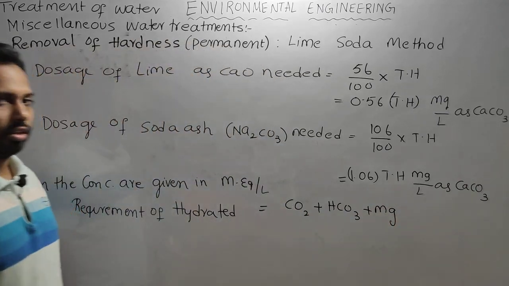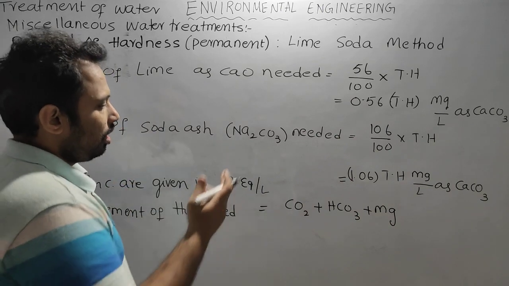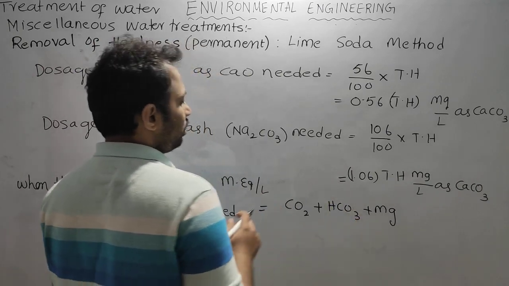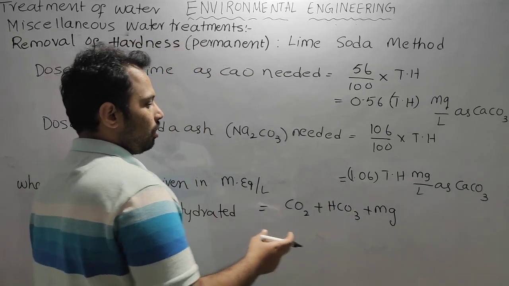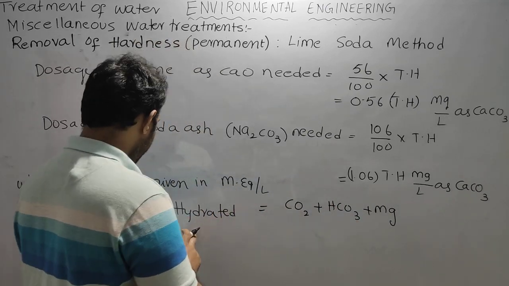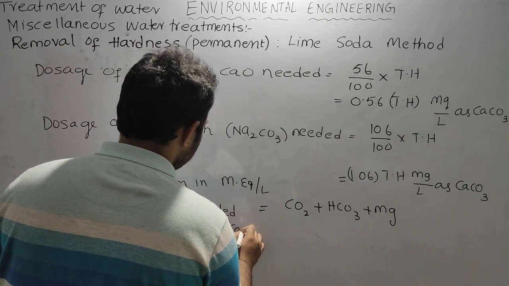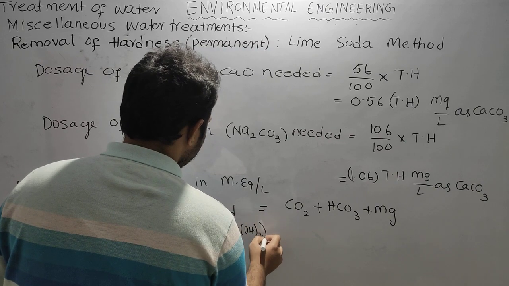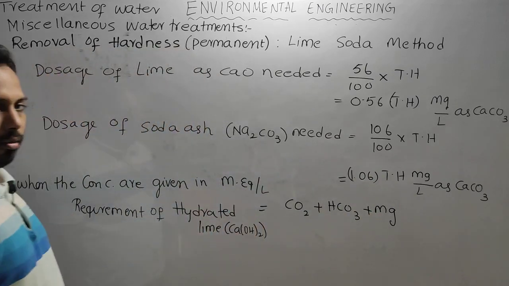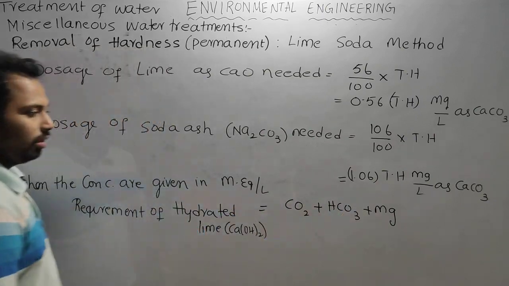If you look back at the reactions, the HCO3 concentration is removed by lime, CO2 is removed by lime, and magnesium is also removed by lime. So the total requirement is the sum of the concentrations of these three.